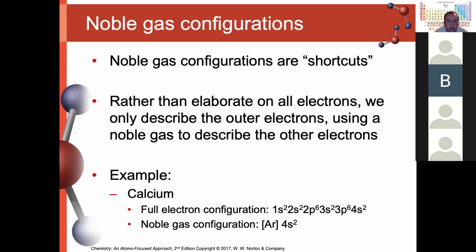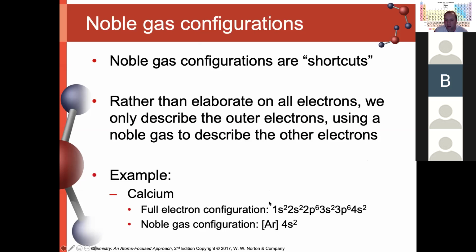What a noble gas configuration does is it basically assumes that all of the inner electrons, all of those electrons that make up those configurations before, can be summed up by a noble gas configuration. So if I take, for example, calcium, and I look at its full configuration, calcium is 1s2, 2s2, 2p6, 3s2, 3p6.